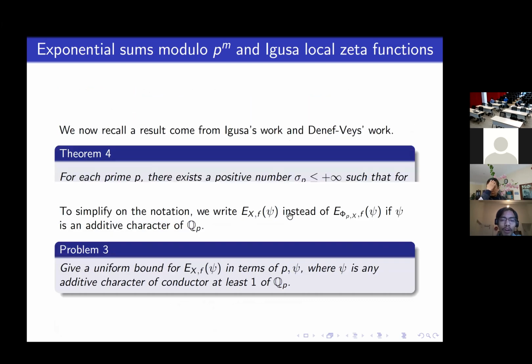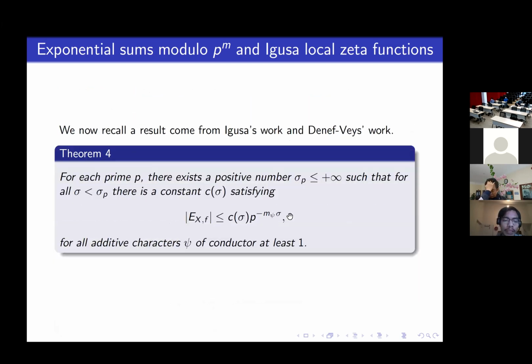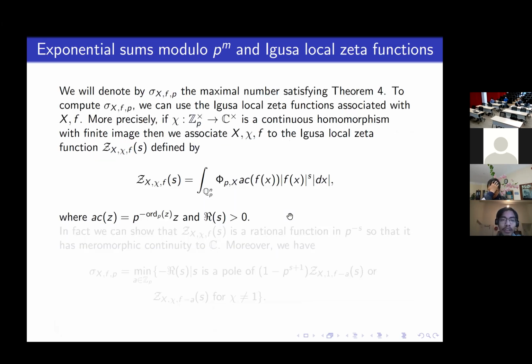Okay, Theorem 4 means that we have σ less than σ_p, and σ_p is less than σ_{X,F,p} by the definition of σ_{X,F,p}.